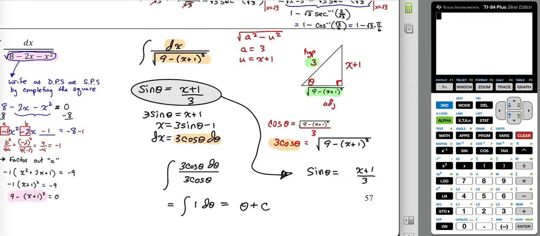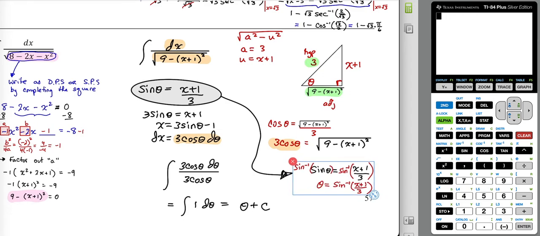Take the inverse sine, and so theta would be equal to the inverse sine of x plus 1 over 3, which is pretty not bad in comparison to some of the other problems that we had to do.